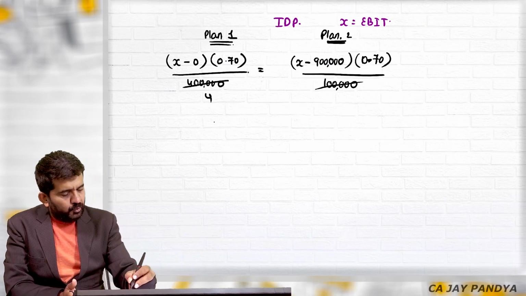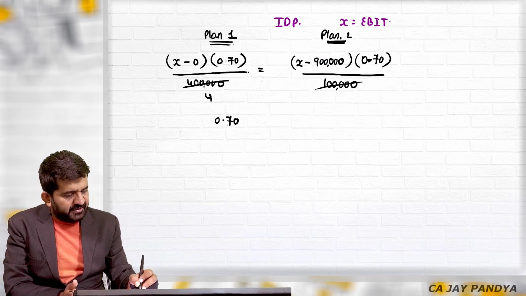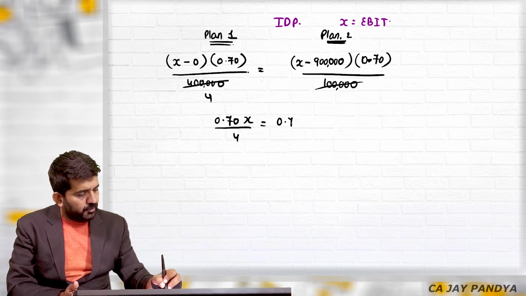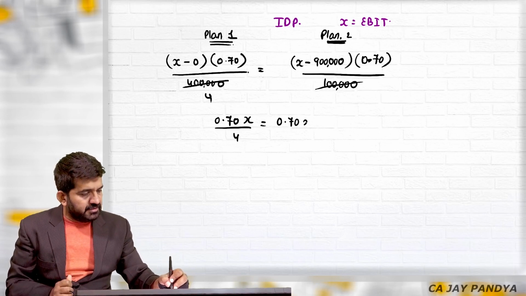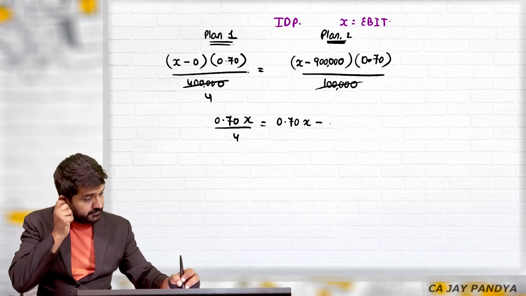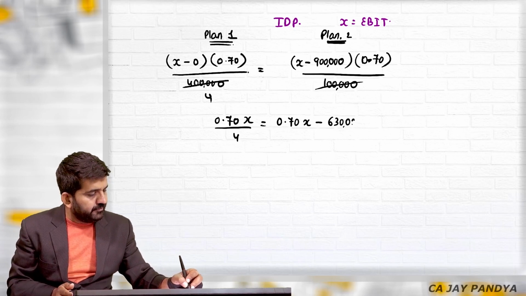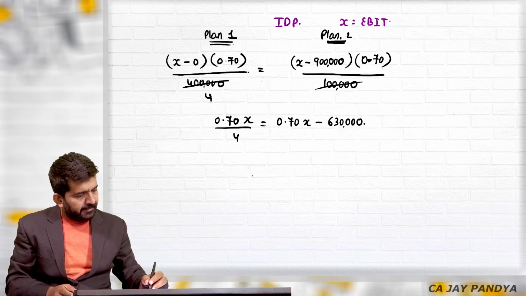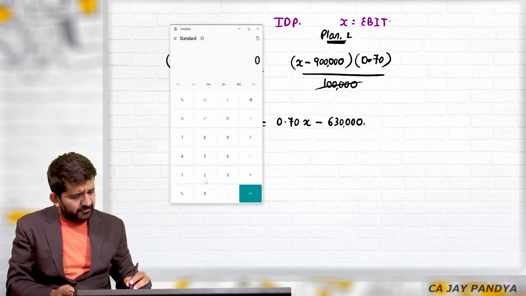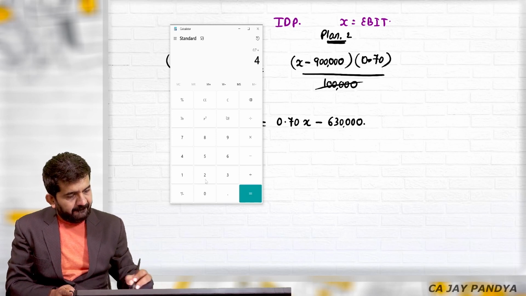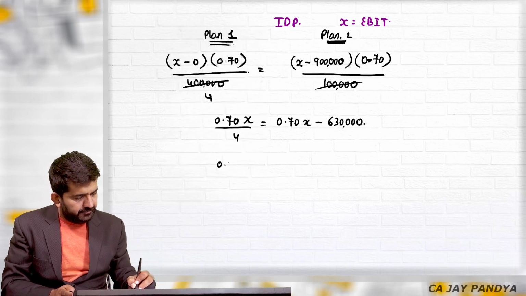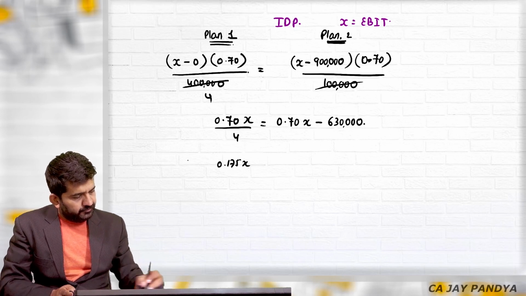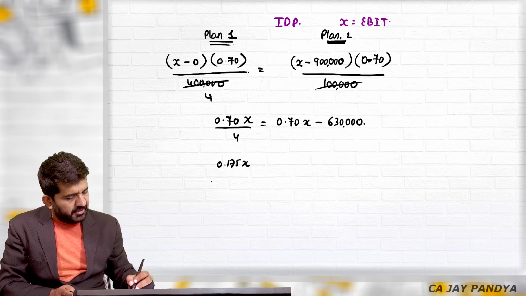This will remain 4. This will be 0.70x divided by 4 is equal to 0.70x minus 6 lakh 30,000. 0.7 divided by 4, I can do it. 0.175x. This 6 lakh 30,000 I am taking on the side.